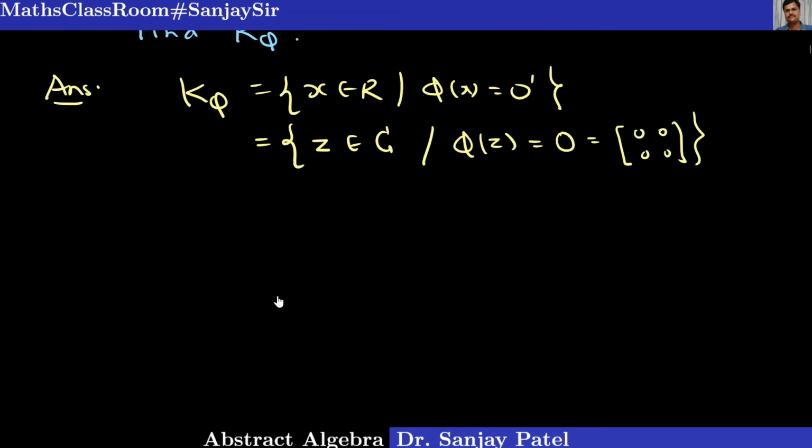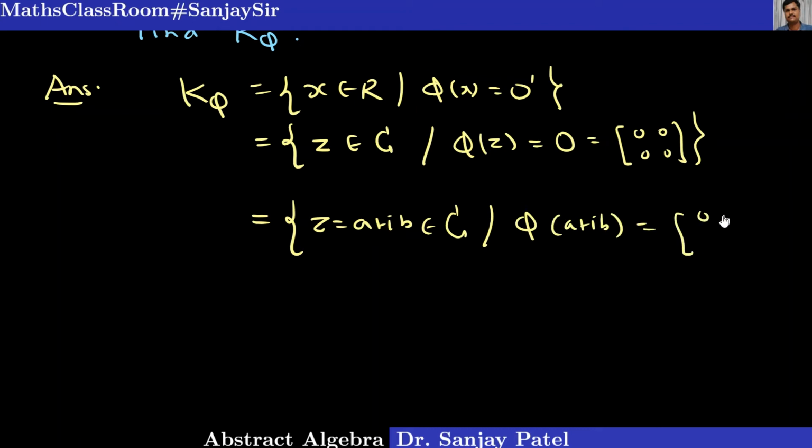Let us find out what the elements of this set are. So we have to determine all those complex numbers z of the form a plus ib such that phi of a plus ib is equal to (0 0; 0 0), the 0 element of the codomain, which is nothing but the 0 matrix. So this is equal to the set of all z such that phi of a plus ib.